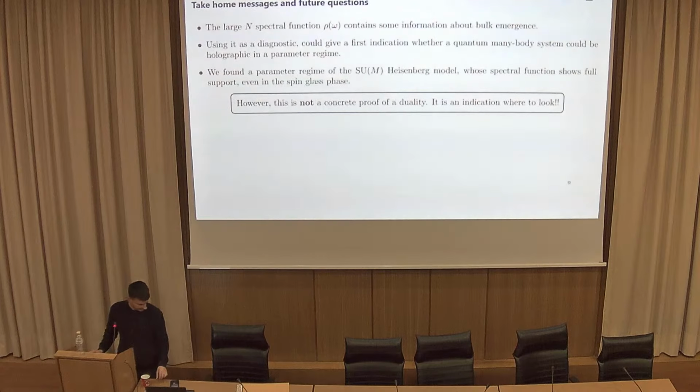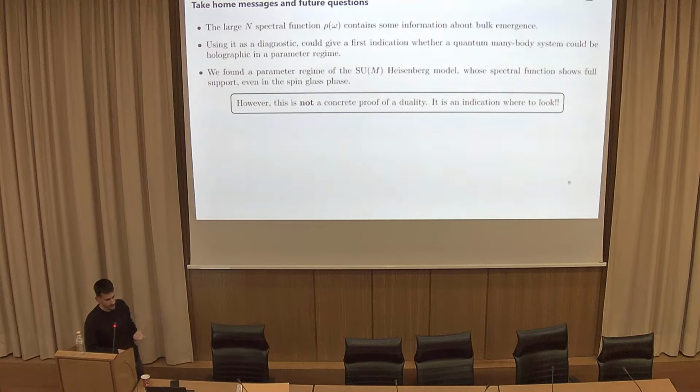So with that, I can just sum up. What we did was apply the idea of using the large N spectral functions as a diagnostic tool to check whether concrete quantum many-body systems could be holographic, could have a dual.